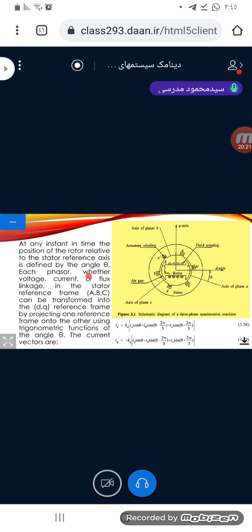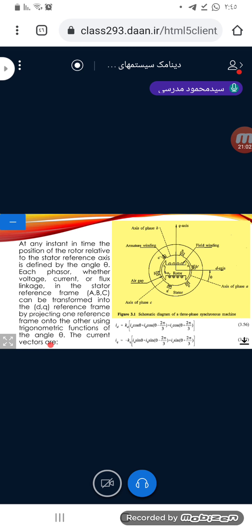Each phasor, whether voltage, current, or flux linkage in the stator reference frame ABC, can be transferred into the DQ reference frame by projecting one reference frame onto the other using the trigonometric function of the angle theta.